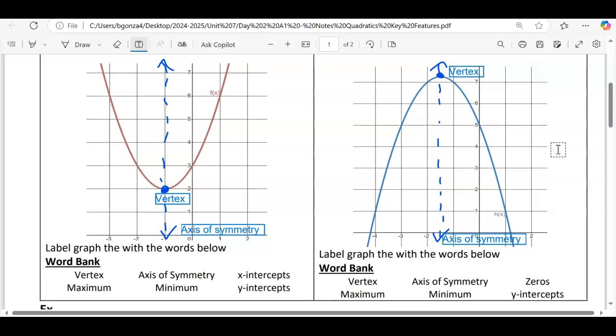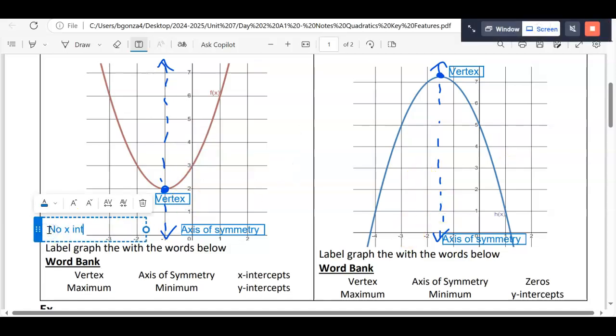I guess kind of a trick question. Not supposed to be tricky, but it doesn't touch it, obviously, right? Like this vertex is above the line. So sometimes there is no x-intercept, okay? So in this situation, this line does not cross this line. Cool. So we can put no x-intercept on this one. No x-intercepts.